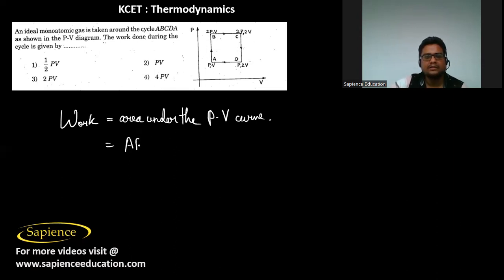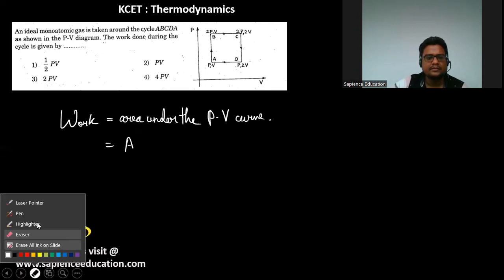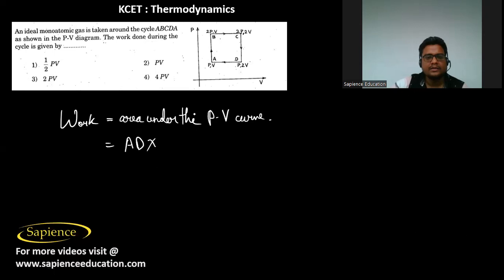Simply it will be the length of AD, which is same as the length of BC also, and AB length is also same as the length of CD. So AD is the length and the breadth is AB. So AD into AB.